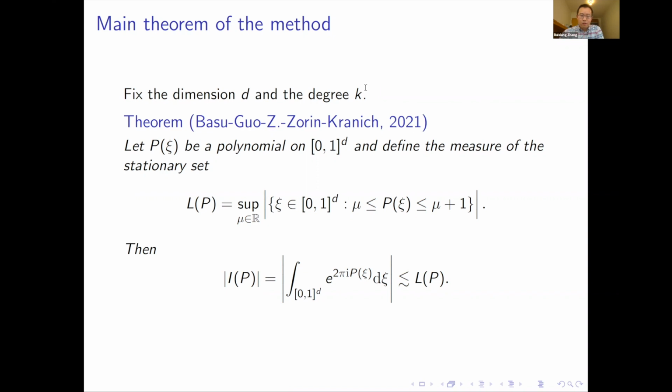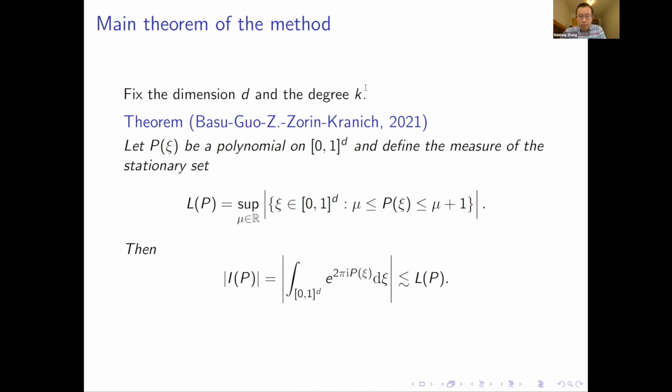This is the intuition behind this set. So L(p) is defined as the supremum over all the mu's of the measure of all the x's such that mu is less than p of x less than mu plus 1. So this is our theorem: the integral in absolute value will be bounded by the measure of this set, with some constant depending on d and k, but we're happy with those constants.